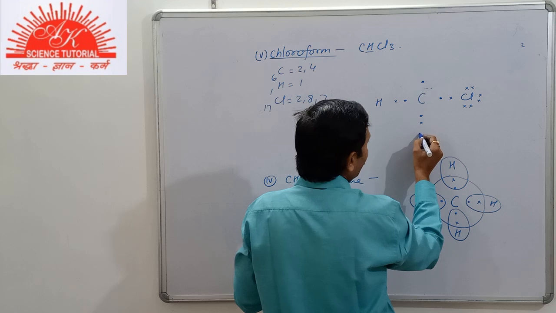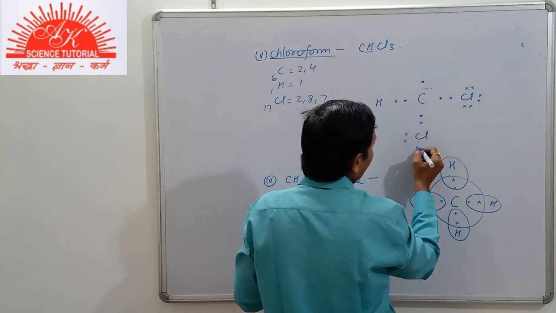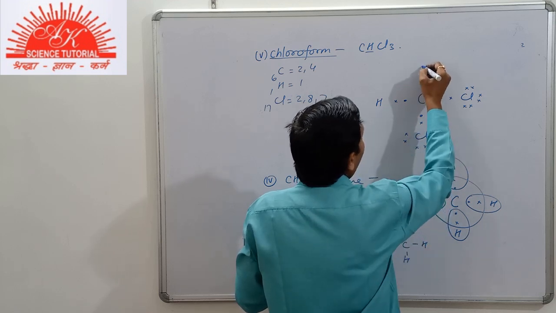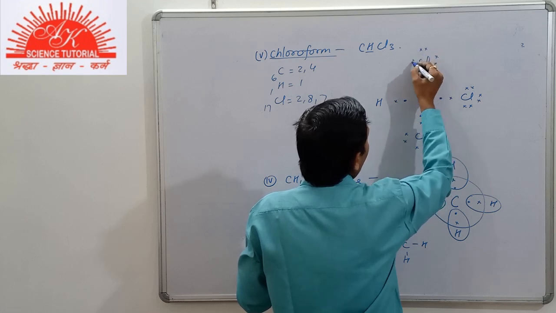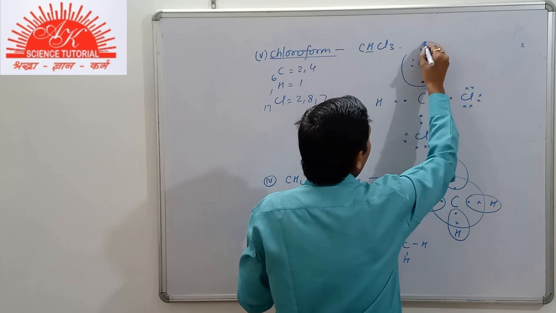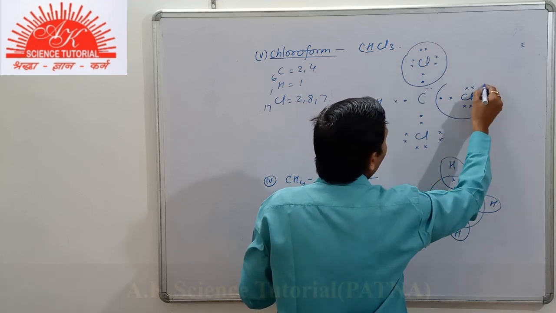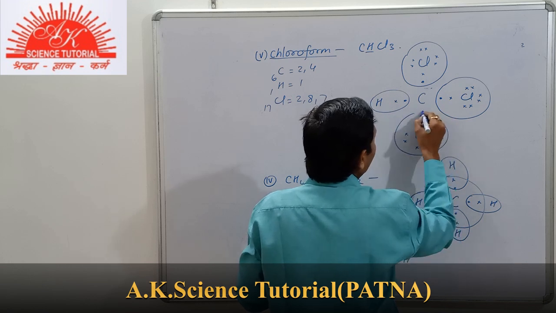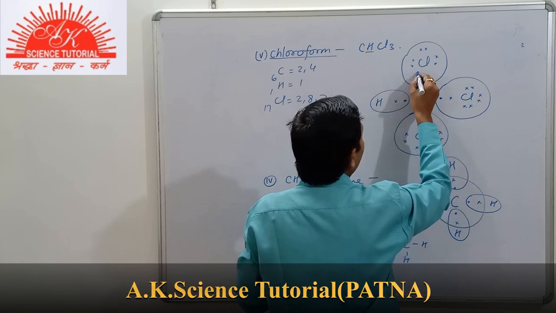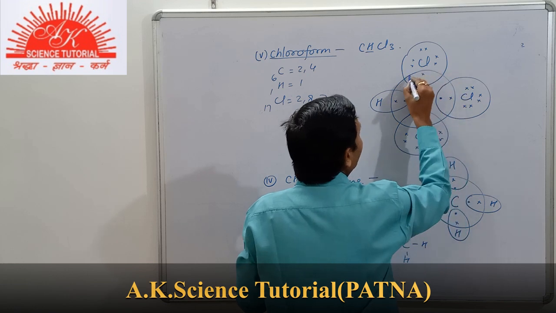In this way, each chlorine atom completes its own octet, and carbon has also completed its octet by sharing its 4 electrons with 4 different atoms.